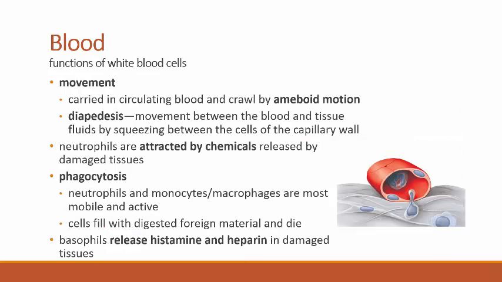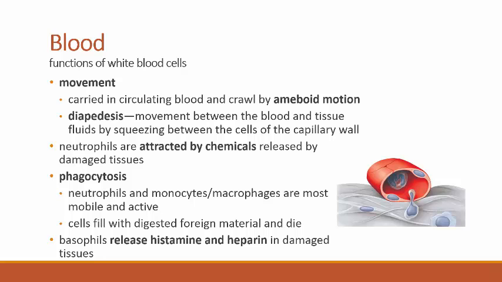Okay, so what is it the white blood cells are doing? They travel around. They're carried in circulating blood, and they can also reach out, glom onto the side of a blood vessel, and then crawl against the current.